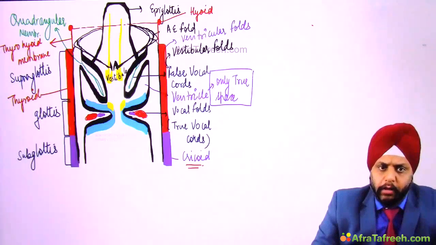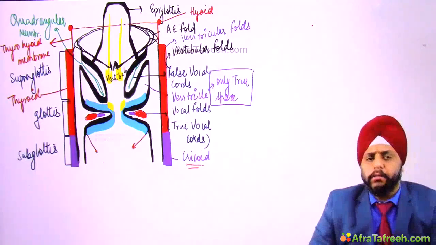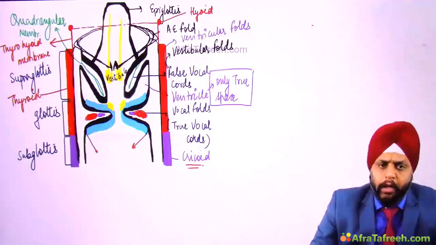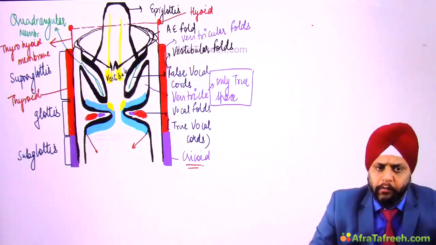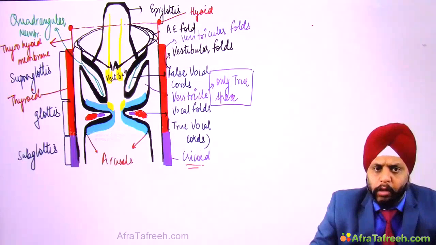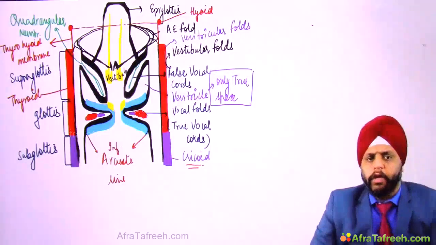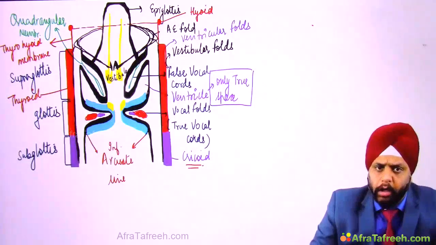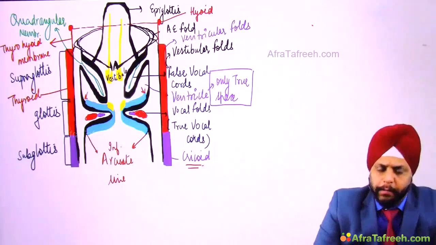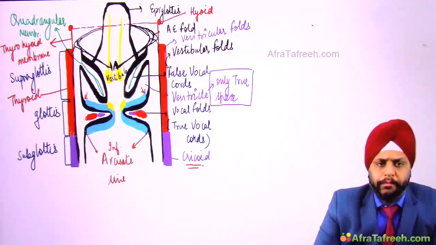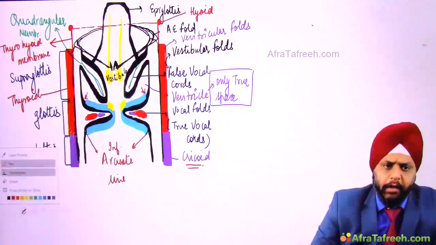The junction where the stratified squamous epithelium meets the pseudostratified ciliated columnar epithelium is known as the arcuate line. That means we have two arcuate lines: an inferior arcuate line, and over here a superior arcuate line, right?